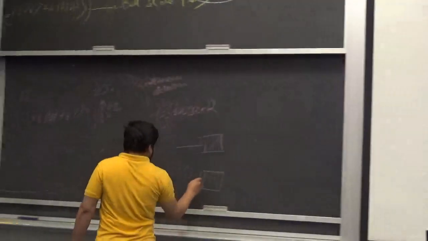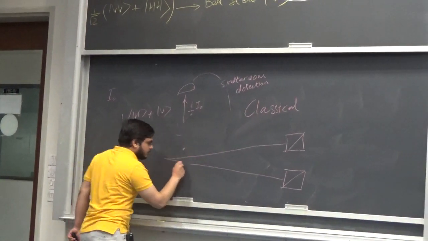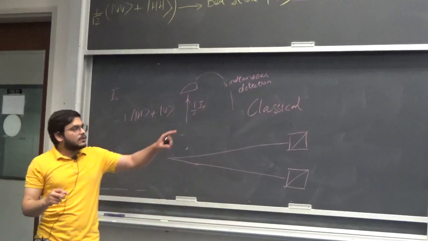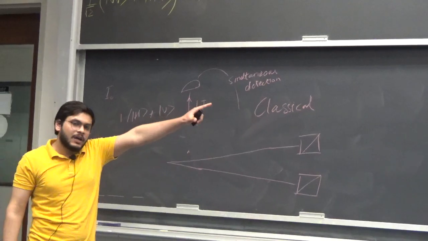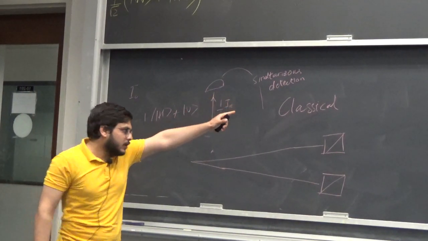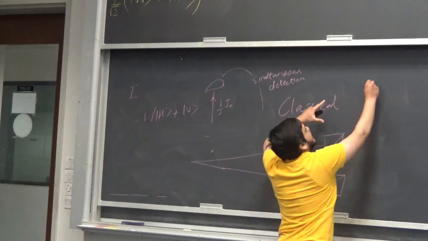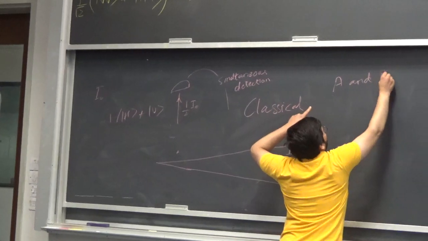And in those same paths, when both the photons come in at the same time, I say that there's a single photon detection event. So that counts at A and B simultaneously.